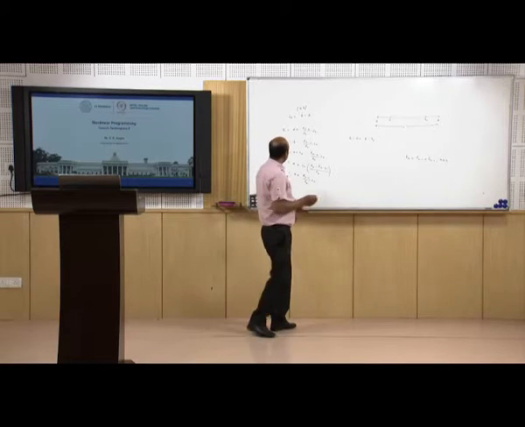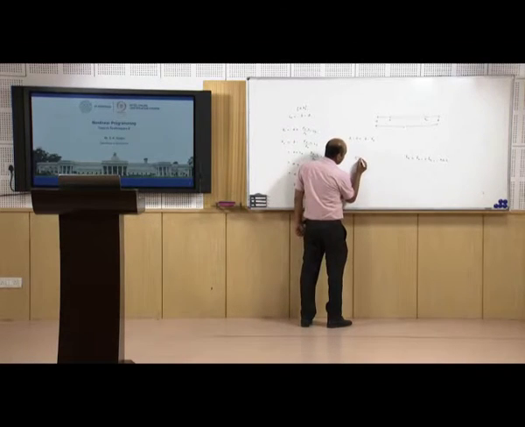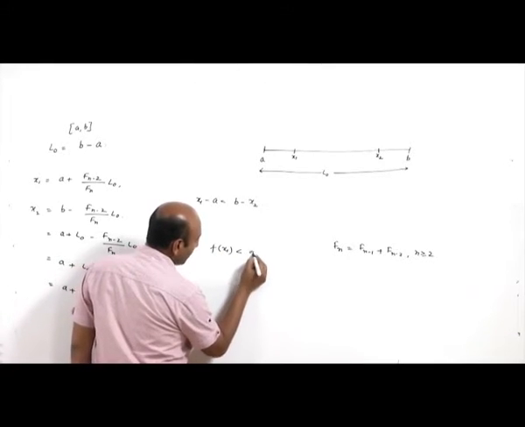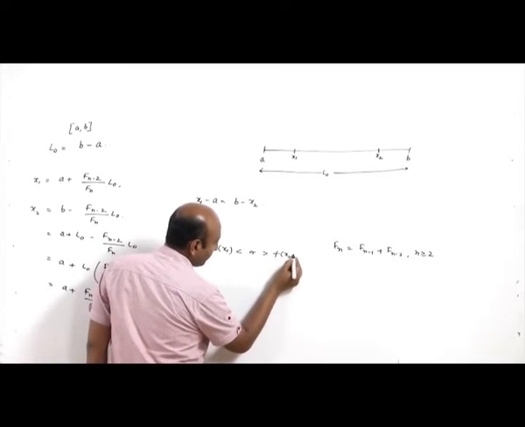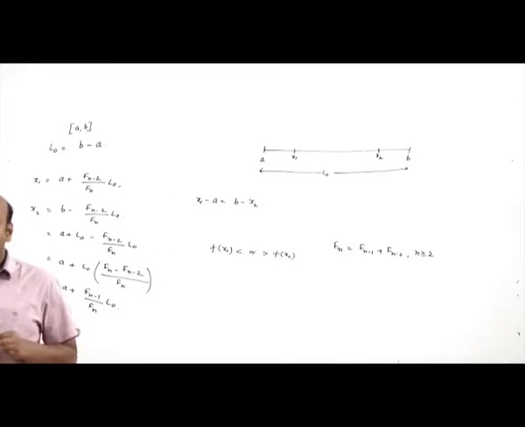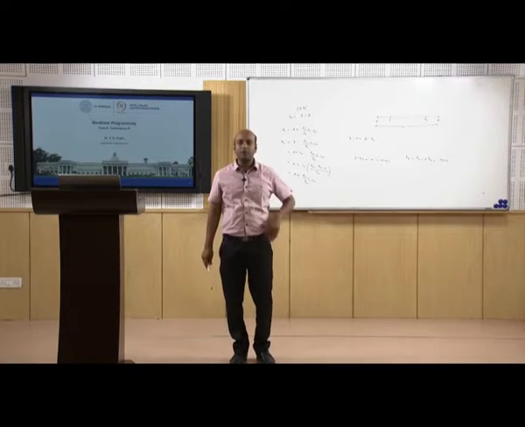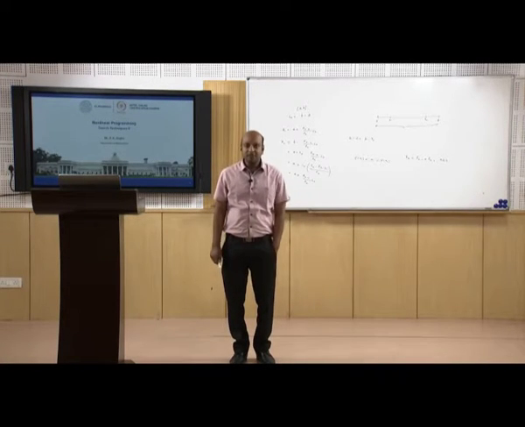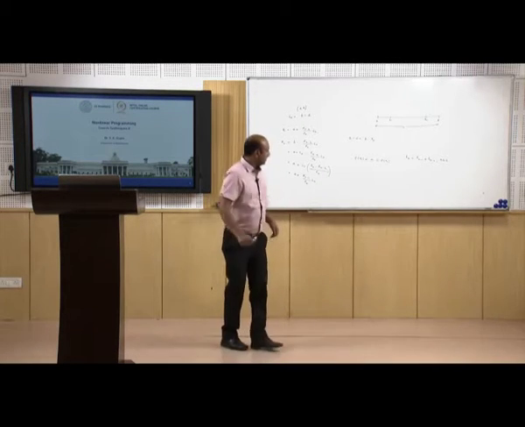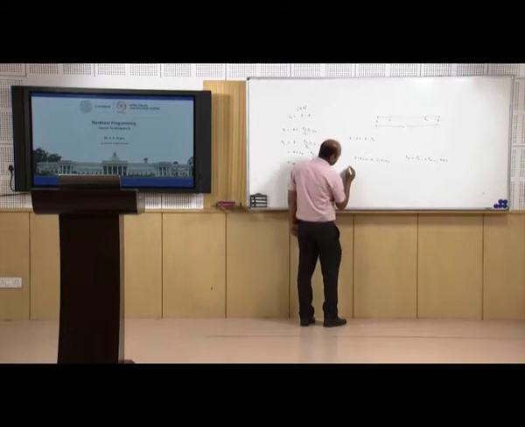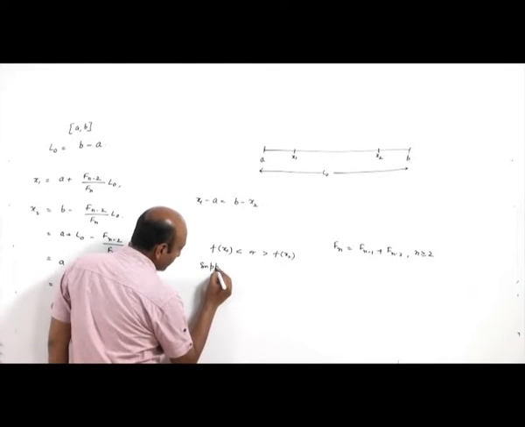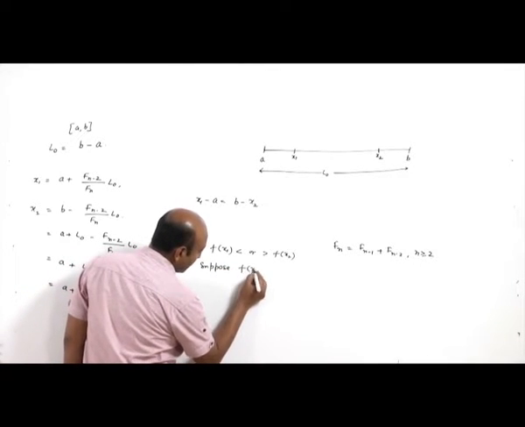Now, we will see whether fx1 is less or greater than fx2. Next we will find whether fx1 is less than fx2 or fx1 is greater than fx2. So, this will decide what the next interval of uncertainty will be. Suppose fx1 is less than fx2.